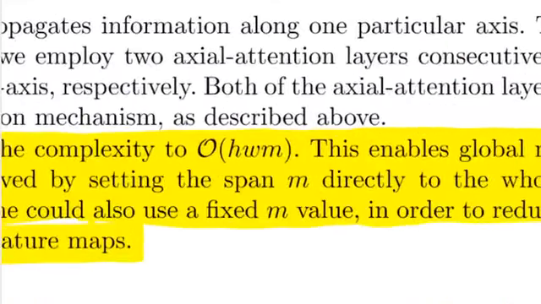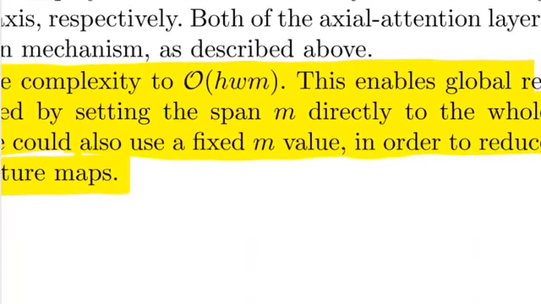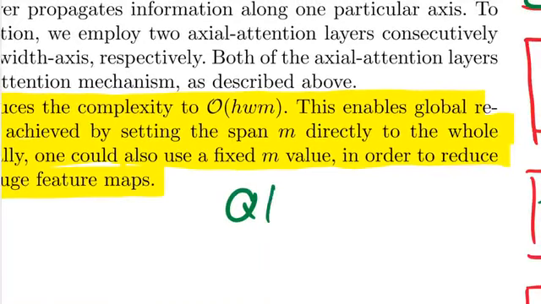What you can see right here is that it wasn't really correct of me to say that it's now O of m, because you still have the entire query space. So you multiply query by keys.